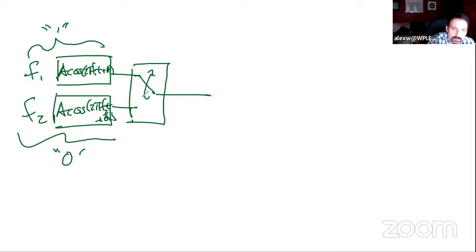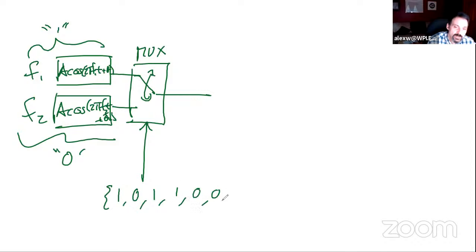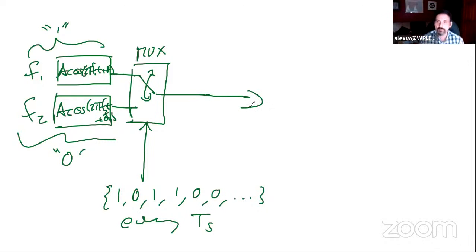And what would happen is this multiplexer, mux, every TS seconds, takes that data stream, so it'd be 1, 0, 1, 1, 0, 0, right? Every TS seconds it would select which frequency it would be, and would just stitch them together and spit it out.